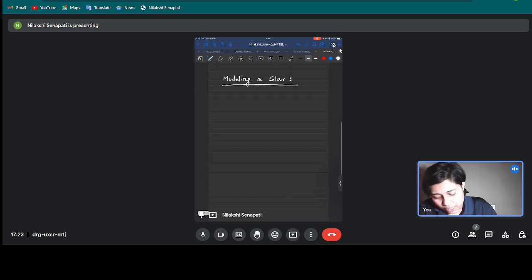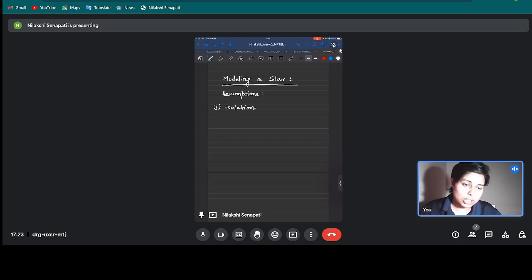As for the assumptions, I have already discussed these things, so I'll just write the assumptions we have taken. The first assumption was isolation: a star is totally isolated from the others and they don't interact with each other. In such a situation, we are considering an ideal situation for the star, and we are modeling for such a star. So isolation was the first assumption.